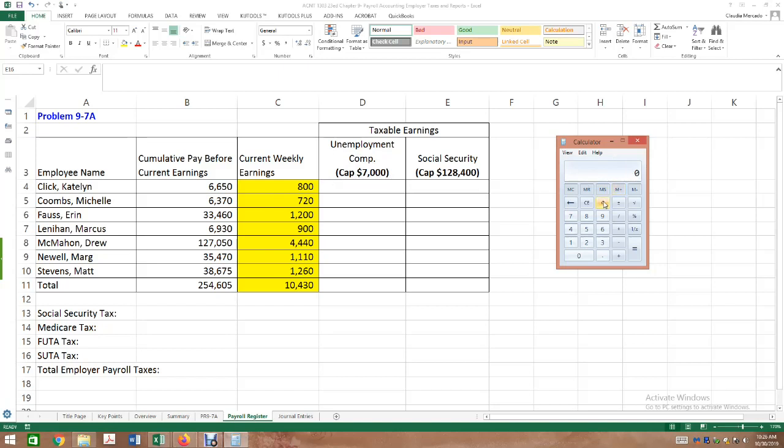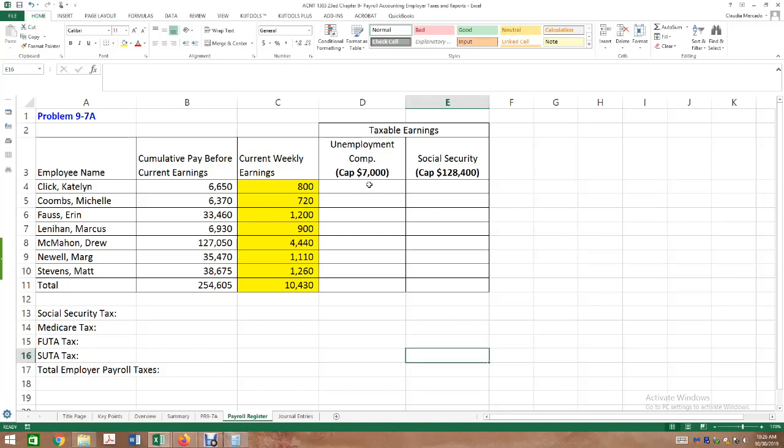Once again, my cap is $7,000. I have earned $6,650. So I know I need to pay taxes on the next $350. So out of the $800, I am only going to pay unemployment tax of $350. So I'm going to do my unemployment compensation column first, and then I'm going to move over to Social Security.